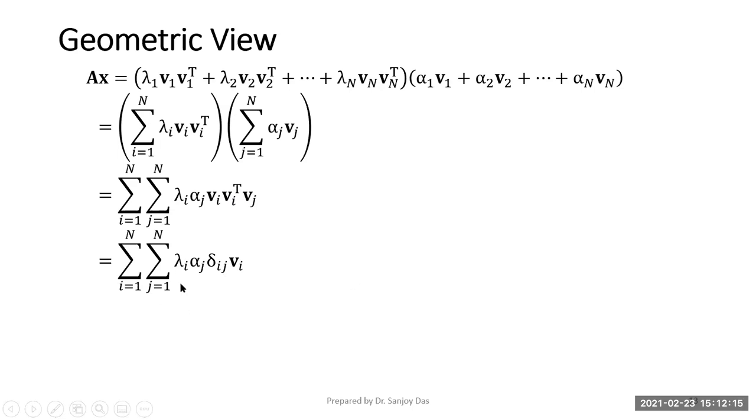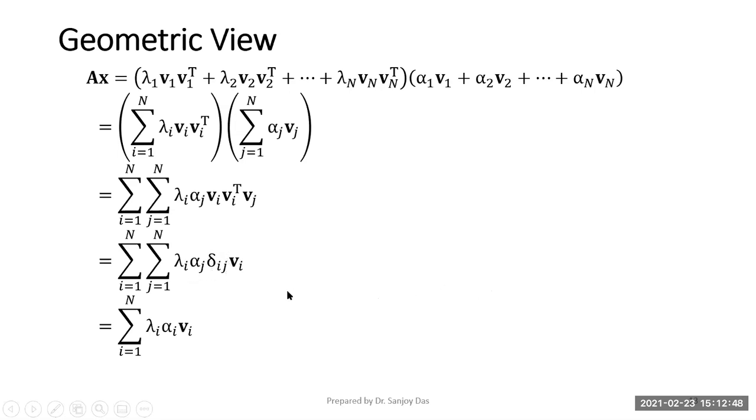Now look at the summation here. What happens when i and j are different? 0. Delta ij is 0. Vi transpose Vj is 0, right? So if this is 0, you see all the terms will become 0 except when j is equal to i. Correct? In which case, delta ij equals 1.